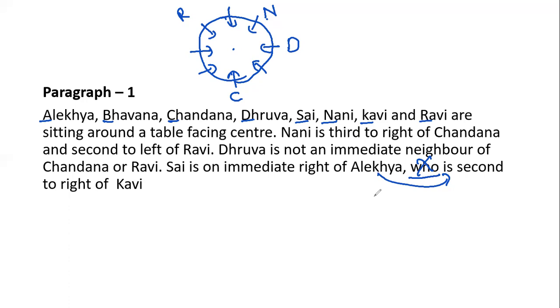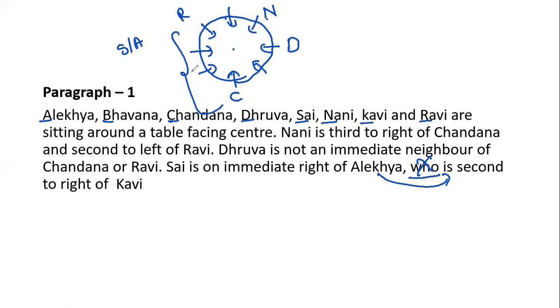Sai is on the immediate right of Alekhya means, can I say those two people are sitting side by side? Immediate neighbor, immediate right means the two people are sitting side by side. So in the diagram, which two places are vacant side by side? These two places, right? So I can confirm Sai or Alekhya is going to be in this position or this position.